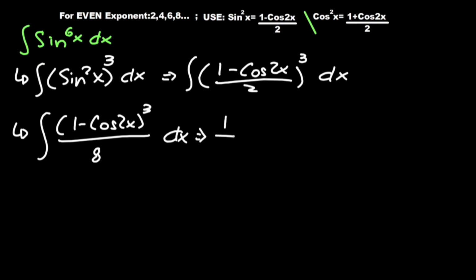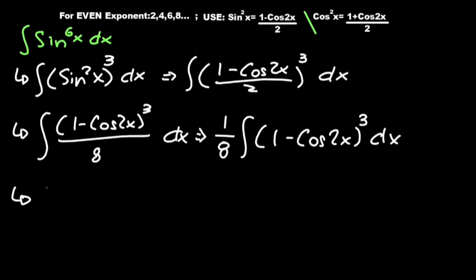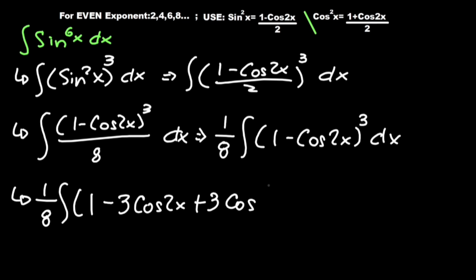So this would be 1/8 integral of 1 minus cosine of 2x raised to the power of 3 dx. Next step is to expand this expression. So we would have 1 minus 3 cosine of 2x plus 3 cosine squared of 2x minus cosine cube of 2x dx.